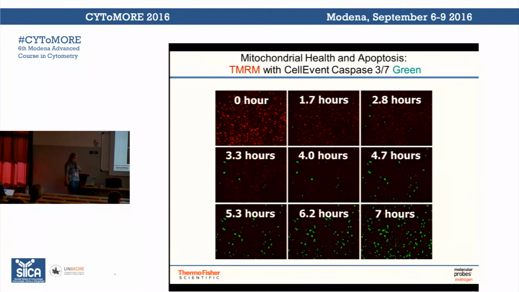So the video I showed earlier, in flow, we're just looking at different time points. We don't have the ability to measure a time lapse like you do in imaging.